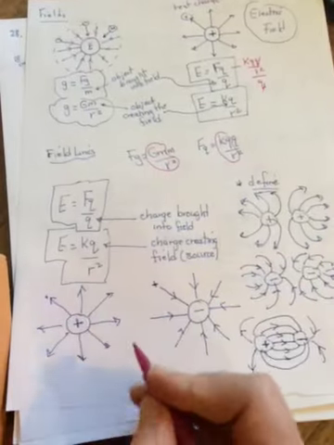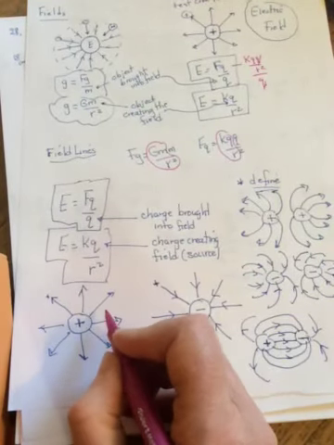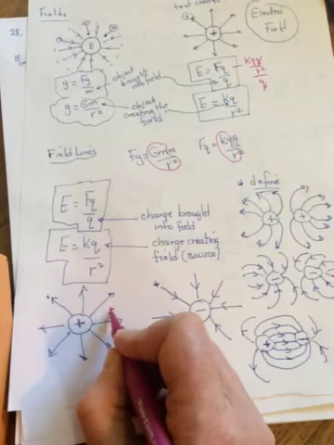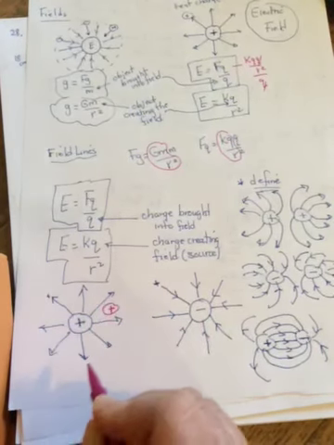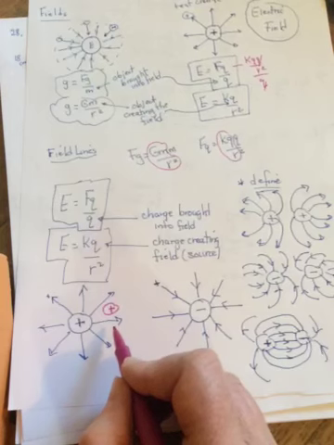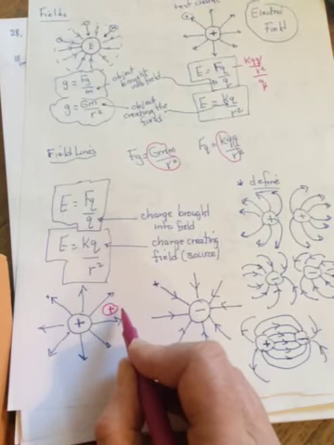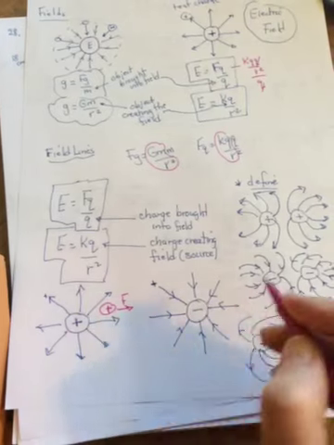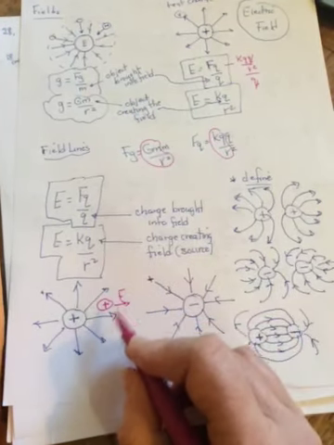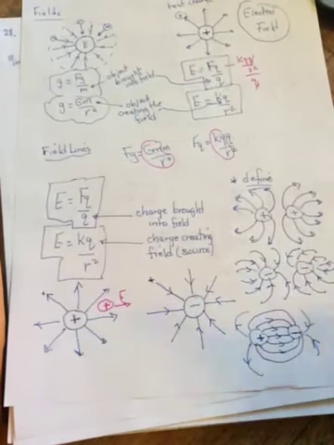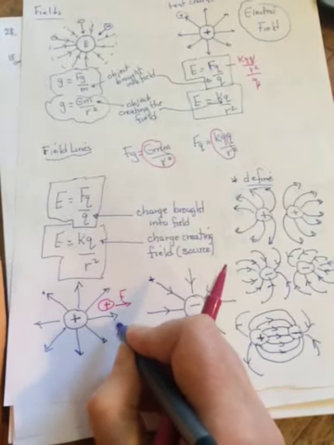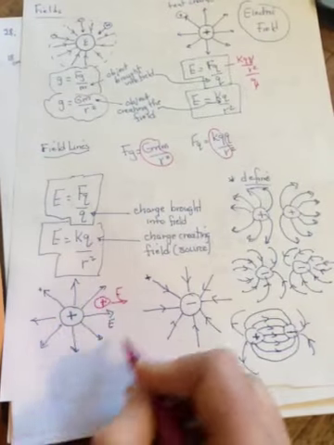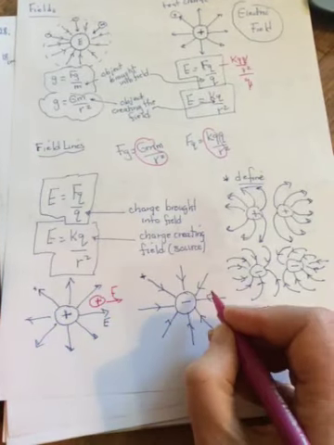So what happens if I bring a positive charge into the field? The blue lines are going out, and the force would also go out, right? The force in the field for a positive charge will always be in the same direction, and that's true whether we're around a positive source or a negative source.